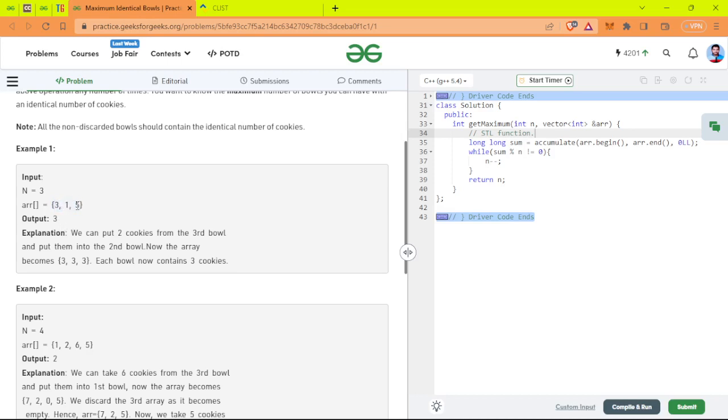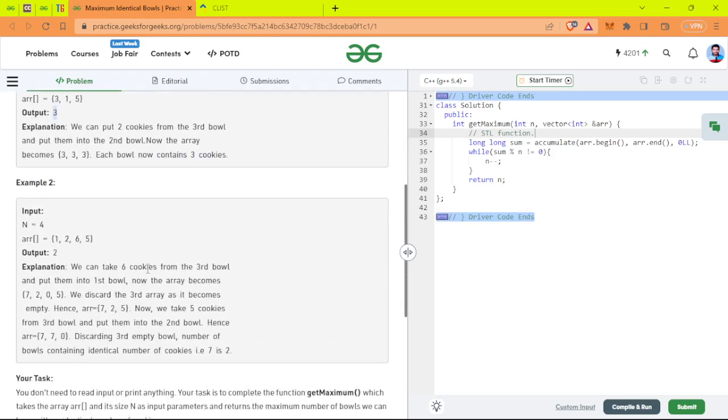Like we can take one cookie from the third ball and put it in the second bowl. And in a similar way we can take another cookie from the third ball and put it in the second bowl. So in a maximum of two operations we can make the number of cookies equal to 3 in all three bowls. So the maximum number of bowls containing an equal number of cookies is 3.